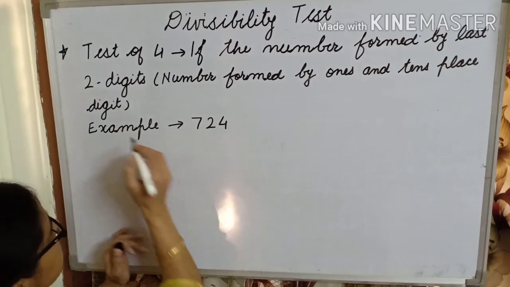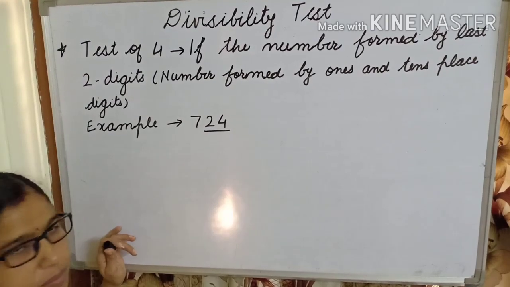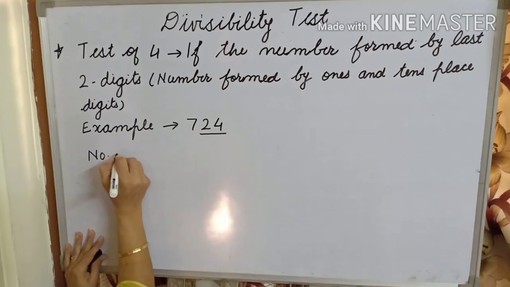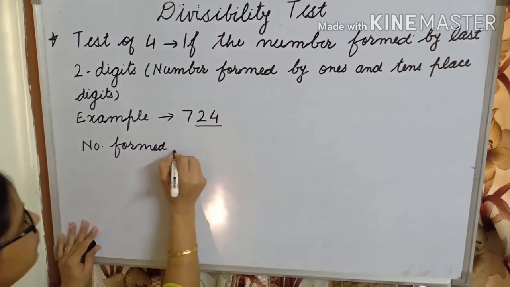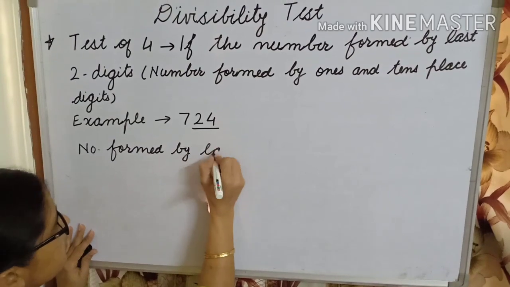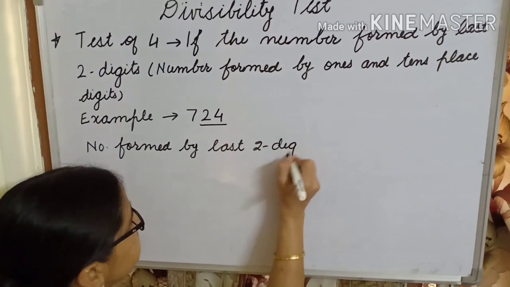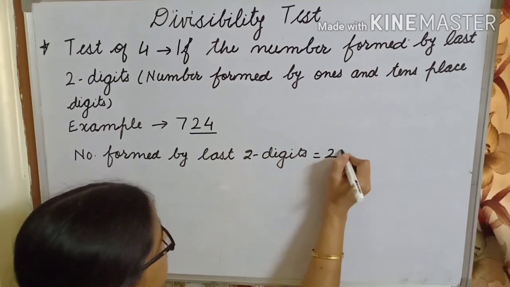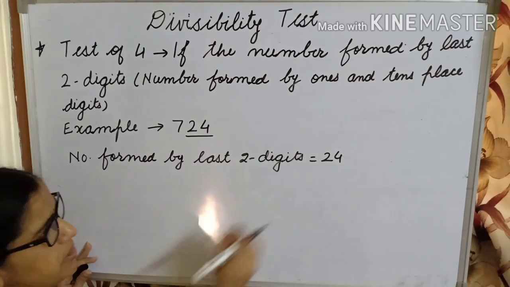Which digits are there? This is the number formed by the last 2 digits. That is 24. And I know this 24 is coming in the 4 table.